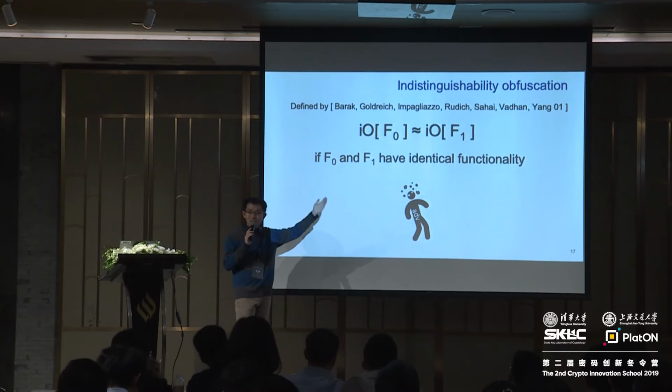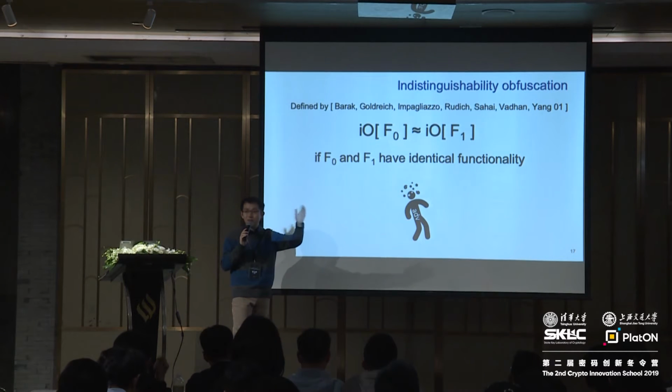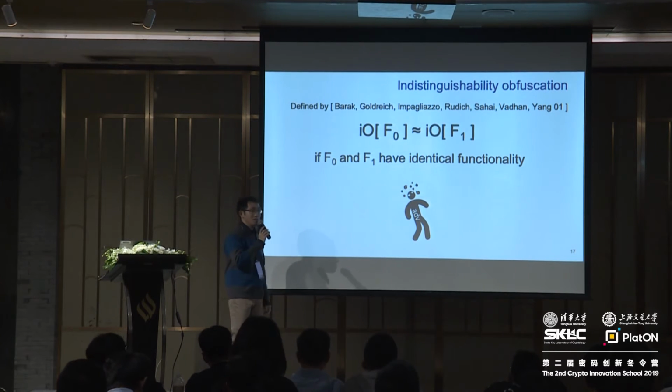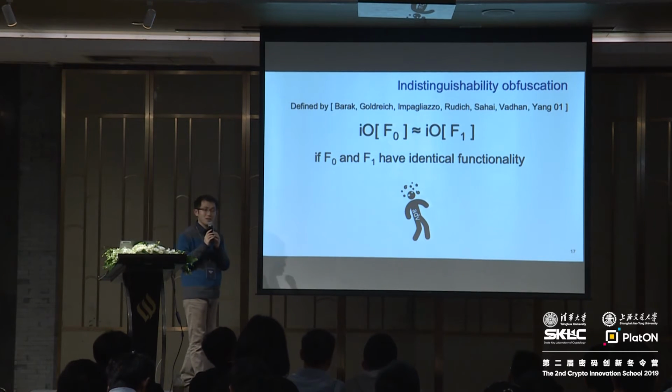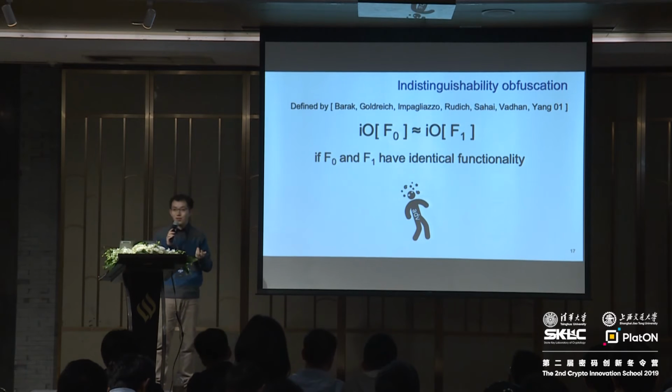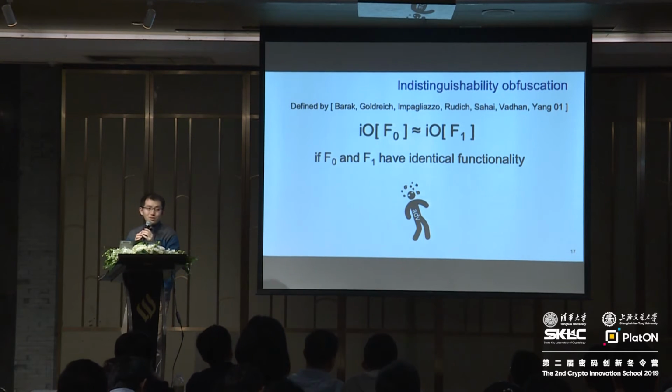Maybe their functionality is equivalent, but their details are totally different. After you obfuscate them, they are totally indistinguishable to a polynomial-time adversary. If there is such an obfuscator, we call it indistinguishability obfuscation.